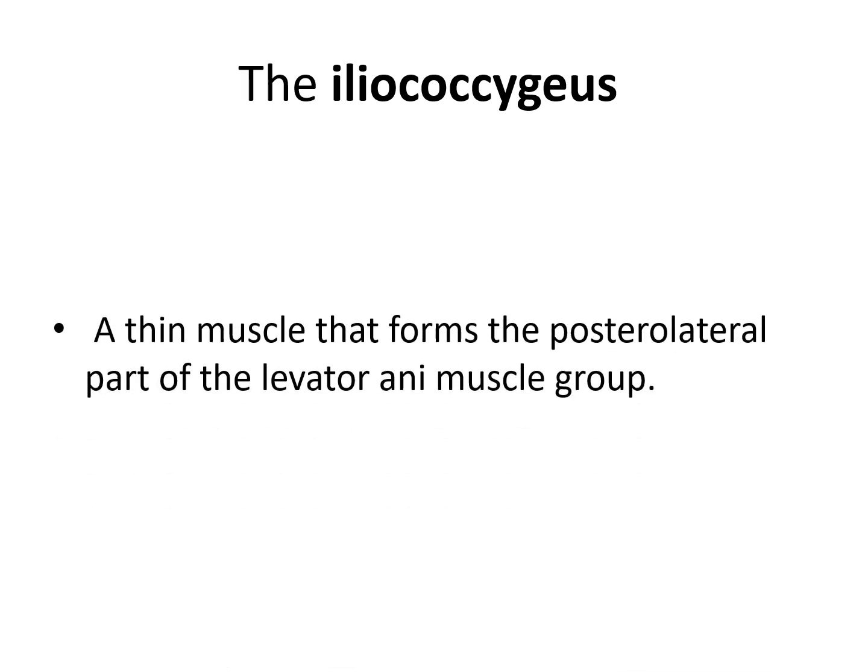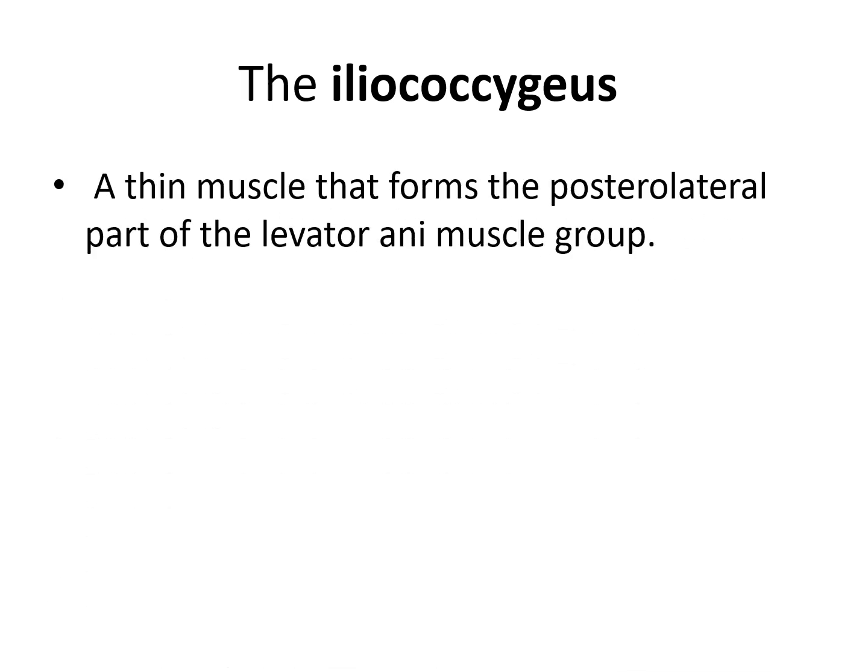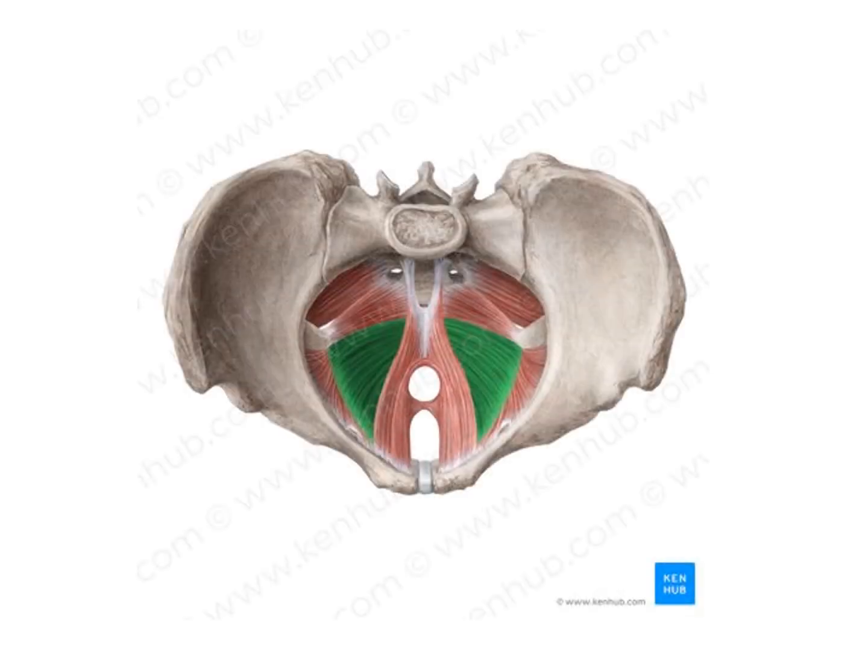Iliococcygeus, the third part, is a thin muscle which forms the posterolateral part of the levator ani muscle. So this is pubococcygeus and this is iliococcygeus in green.